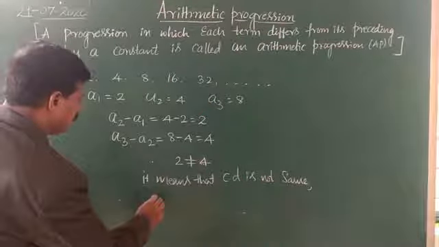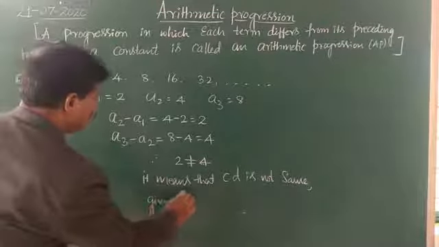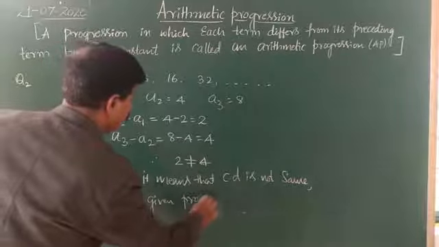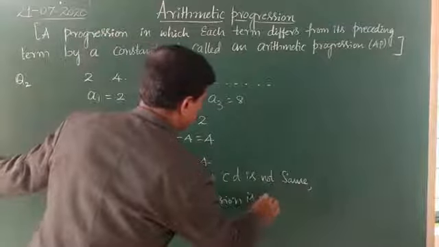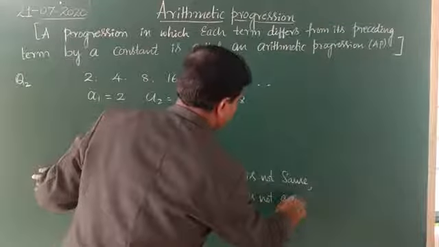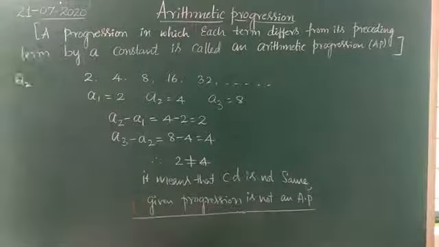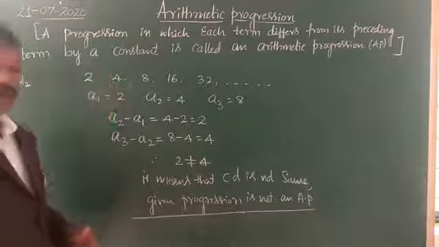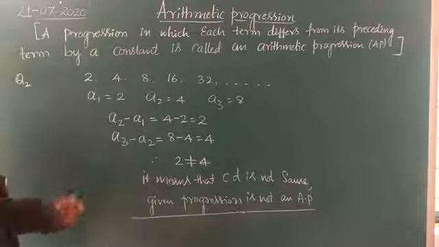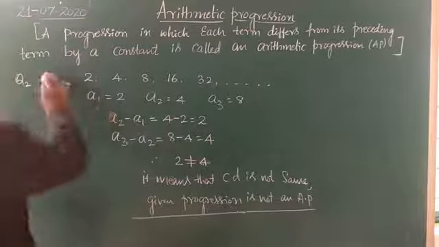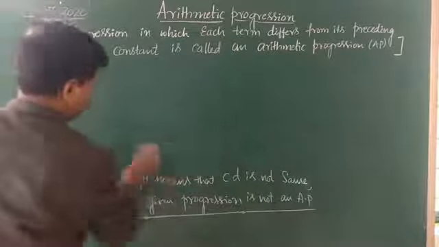Therefore, the given progression is not an AP. Understood? So this is how to verify whether the given progression is an AP or not. Clear? Now let us take question number 3 with negative numbers.